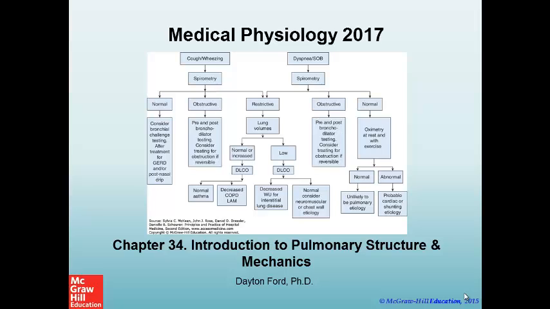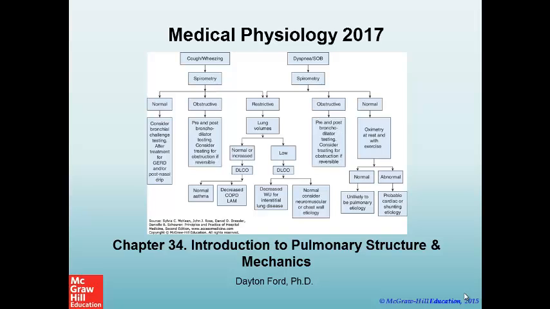So we're going to start the pulmonary system, so the respiratory system. When we deal with the respiratory system, we're dealing with basically two things. Number one, we have to get air into and out of the lungs.